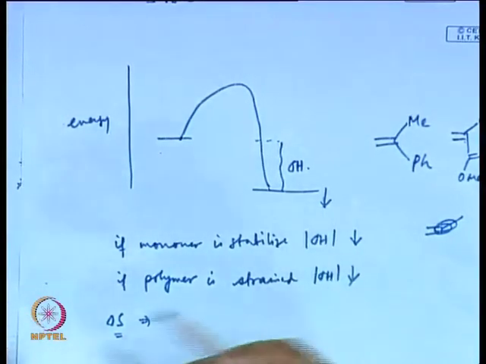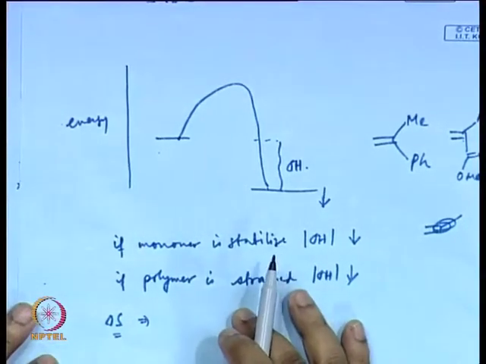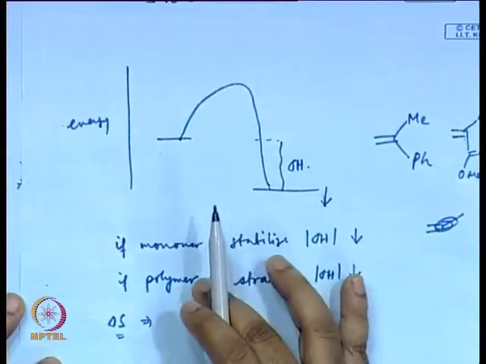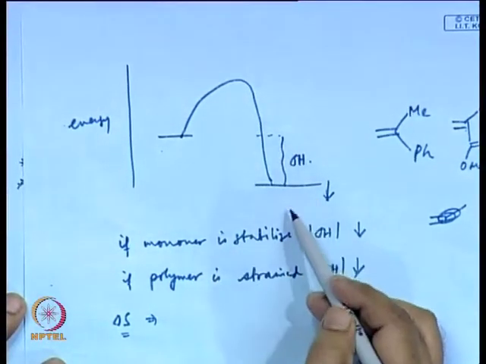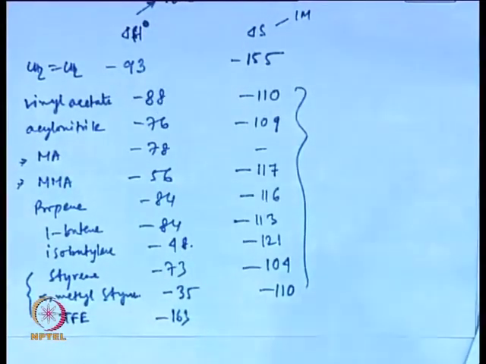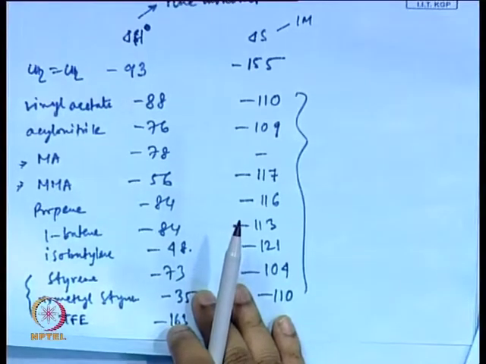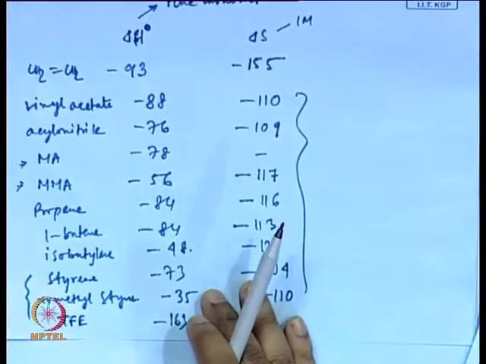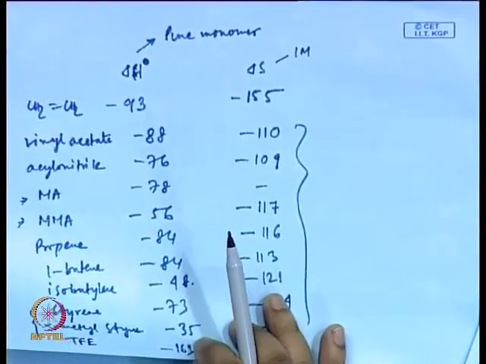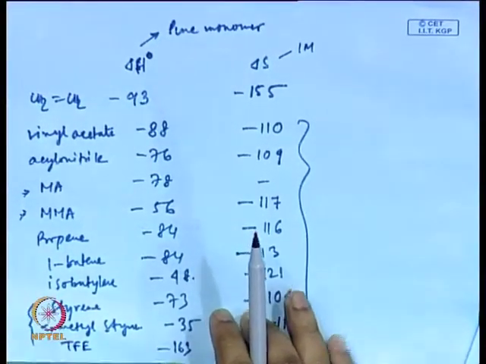So there could be an attractive interaction between the polymer molecules, which could result in an increase in the magnitude of del H. Okay, that is one way to explain the high magnitude of del H in the case of trifluoroethylene.